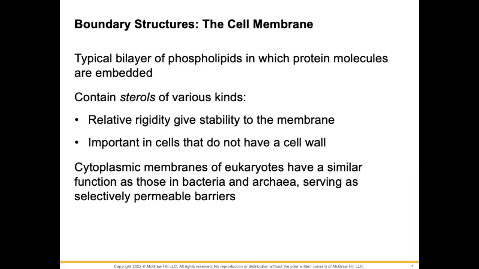These sterols are important in cells that do not have a cell wall, for the stability of the structure. Cytoplasmic membranes of eukaryotes have similar function to those in bacteria and archaea, serving as selectively permeable barriers. So some similarities there.